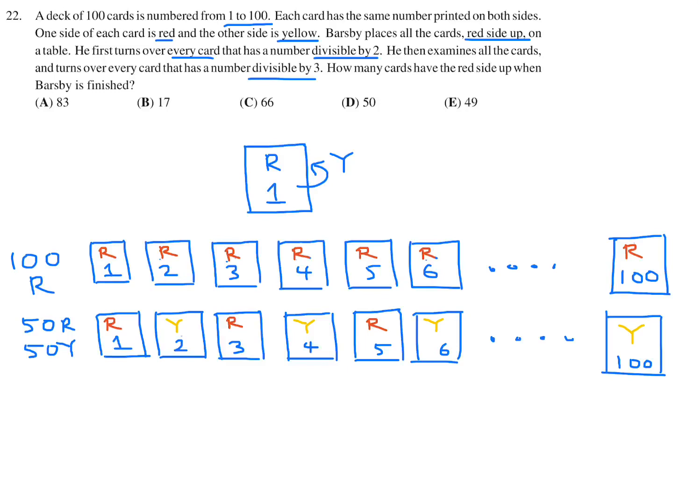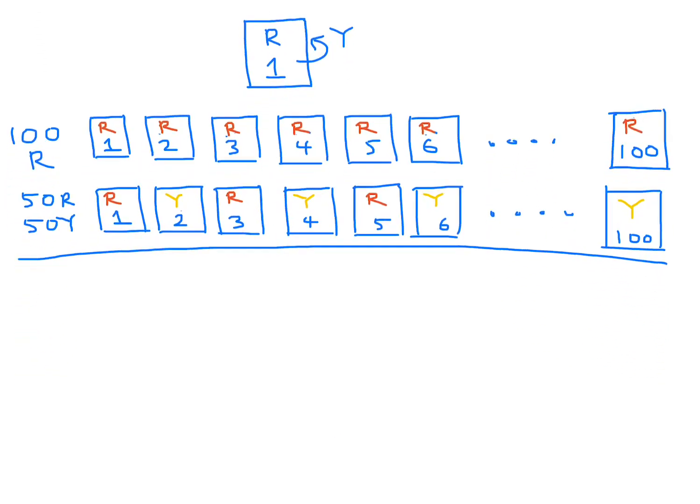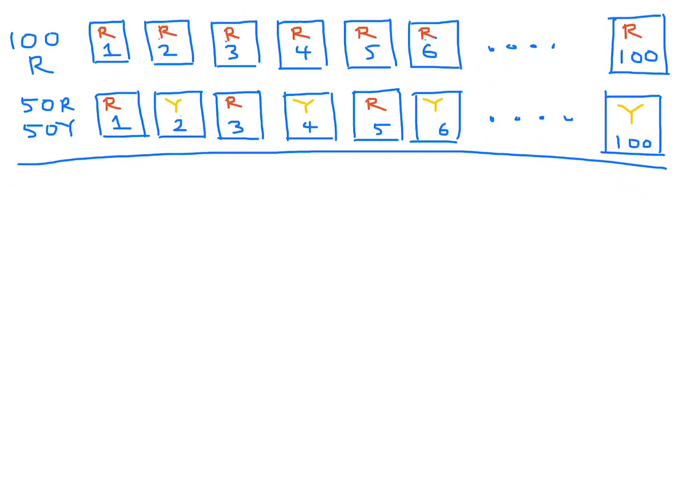Then he looks at all the cards, and he then turns over all the cards that are divisible by 3. So at this point, we need to slow down and figure out what is going on. If he's going to now flip over every card that is divisible by 3, then let's just quickly make a list of some of the numbers that are divisible by 3.